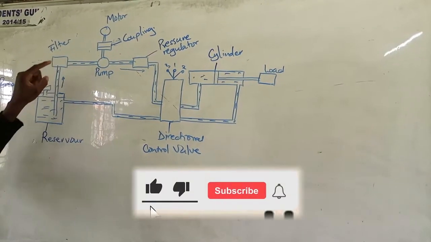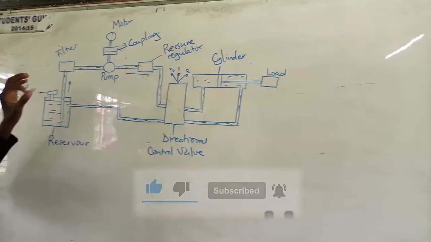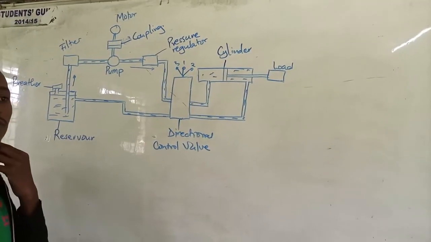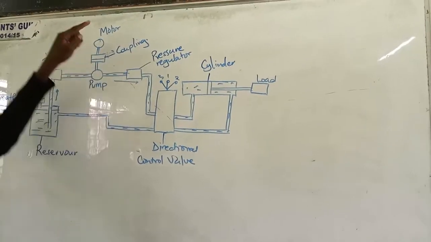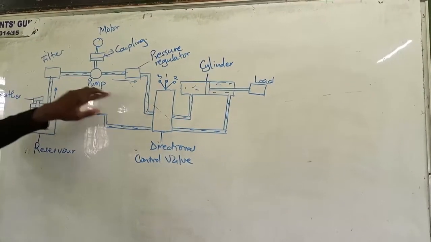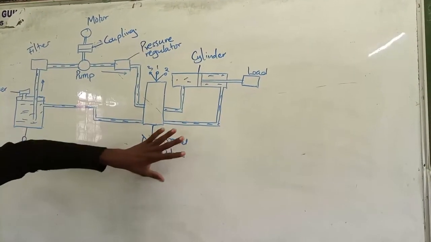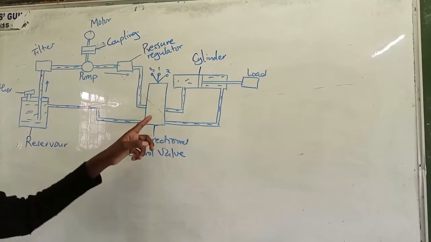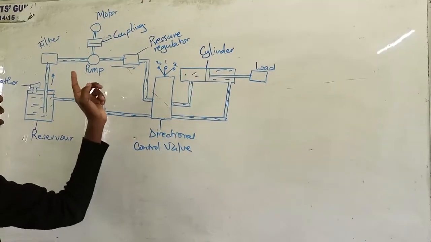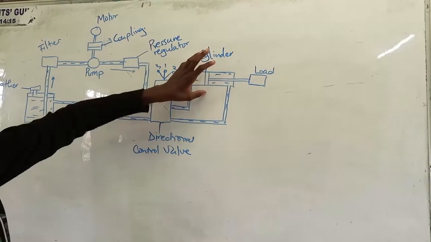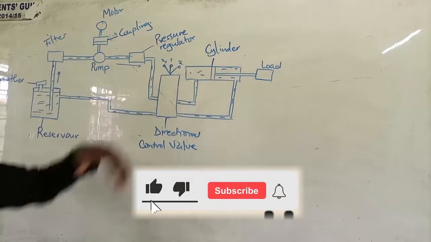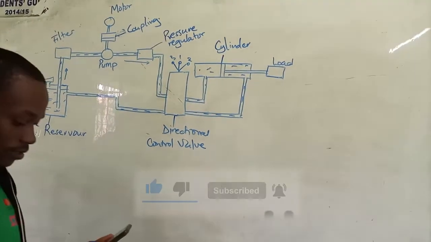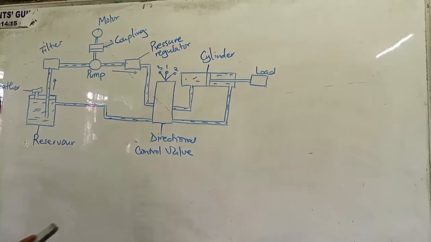The filter filters the fluid free of any foreign material so that our pump is not damaged. The motor drives the pump. The directional control valve controls the direction of flow of the fluid. The cylinder actuates the hydraulic energy. Basically, that is it. So we can look at part B.